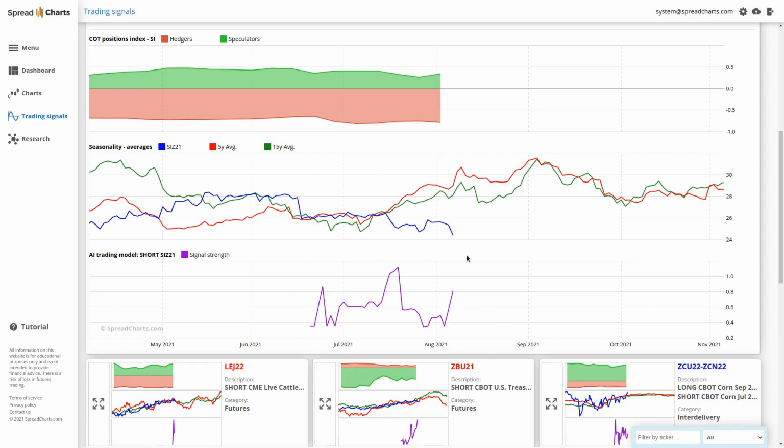And the signal's value, or the signal strength, is based on the expected risk-reward of the underlying over the next 3 months. But don't think about it as expected return 3 months from now.